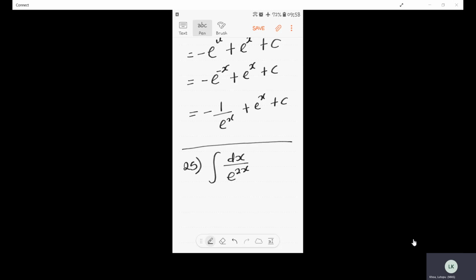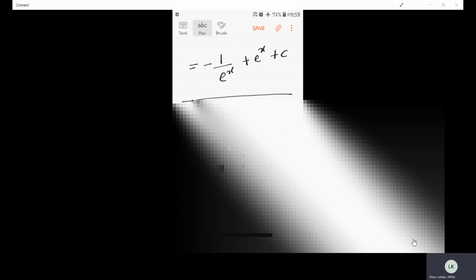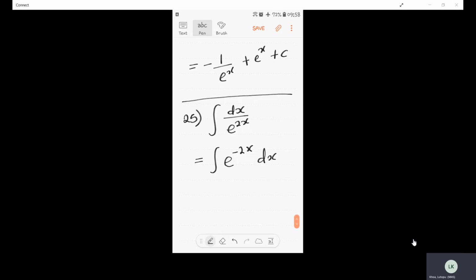Again, we can rewrite this as the integral of e to the power of minus 2x dx. And then we make a substitution. We let u equal minus 2x.